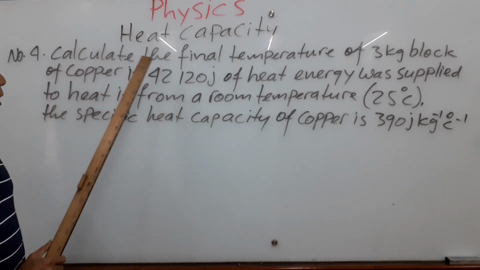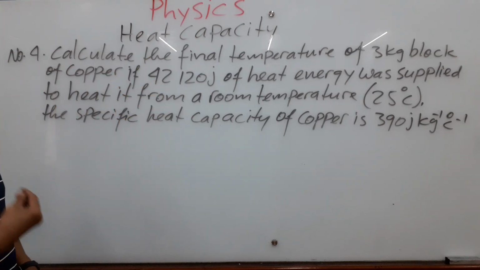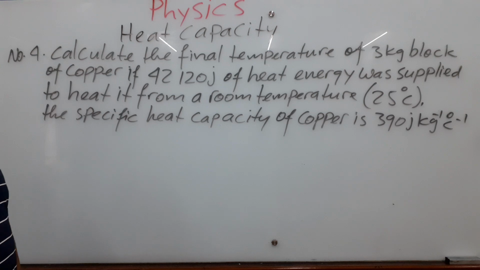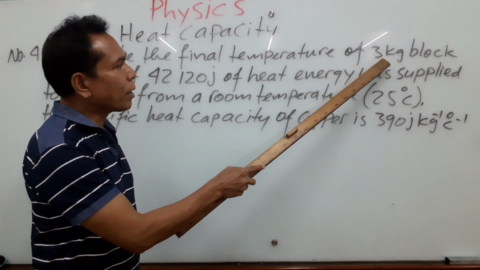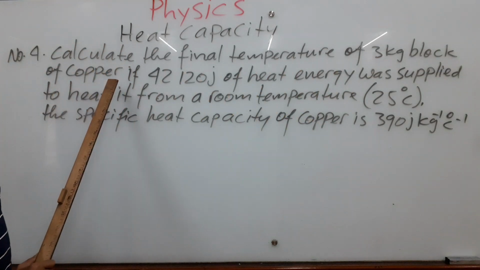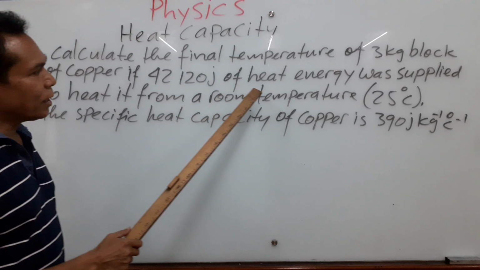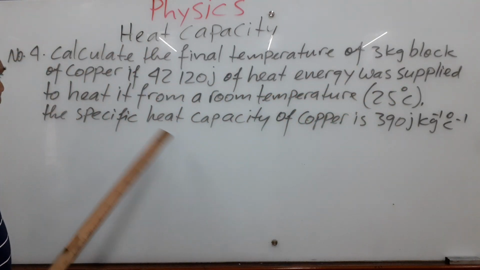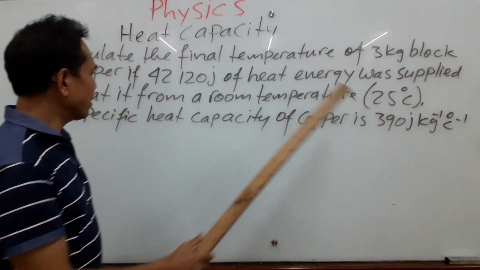Okay. Before, in question number 3, they wanted us to find the initial temperature. Now here, the final temperature. Calculate the final temperature of a 3 kilogram block of copper if 42,120 joule of heat energy was used to heat it from a room temperature of 25 degrees Celsius.